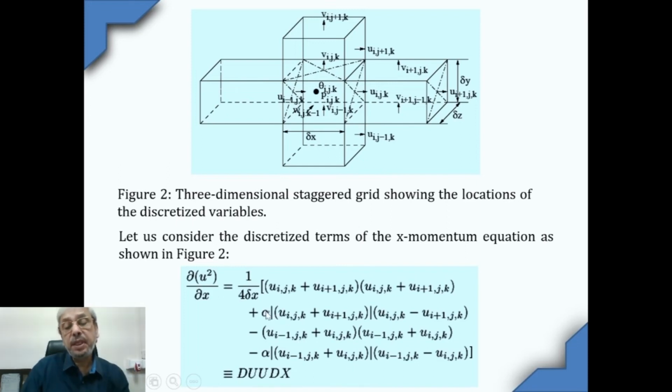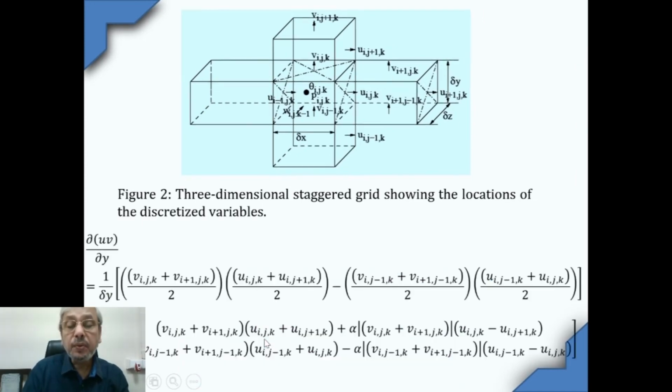And we are using alpha, which we are calling the upwinding contribution factor, right? Usually this should be a small value. We will come to that again.